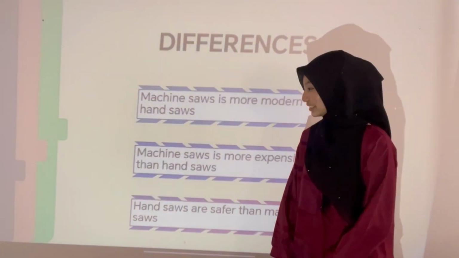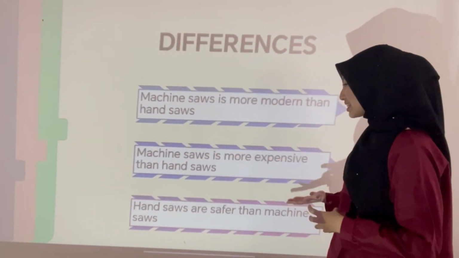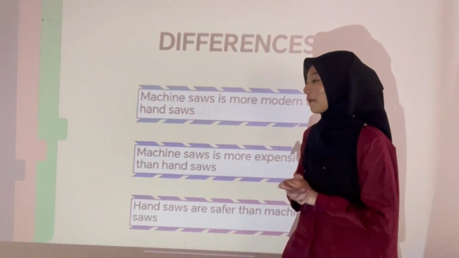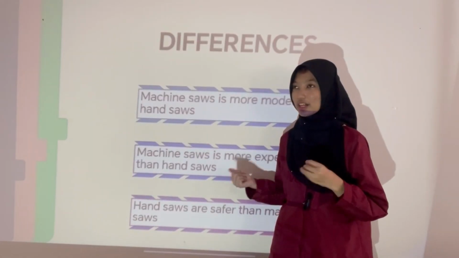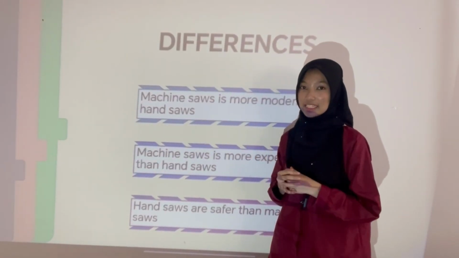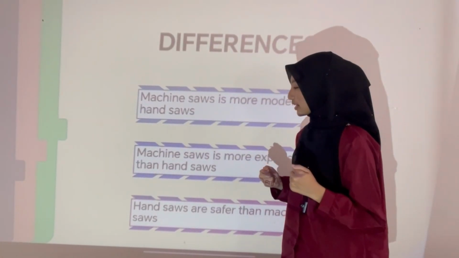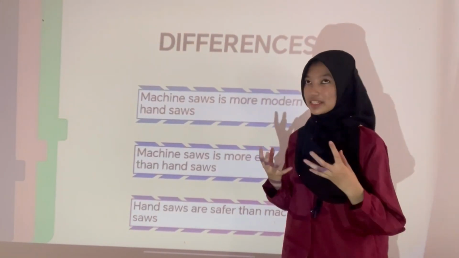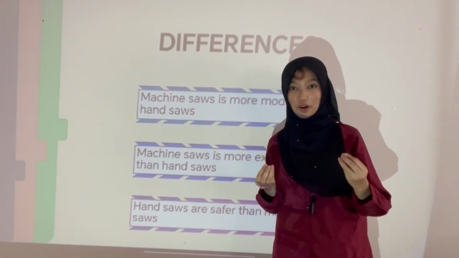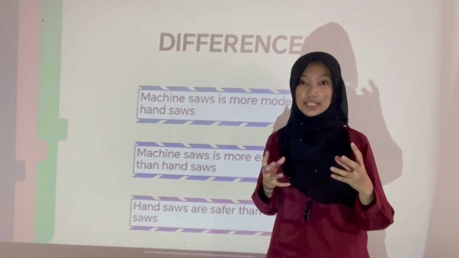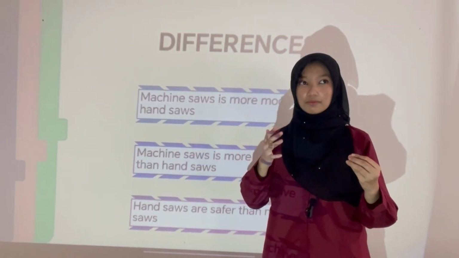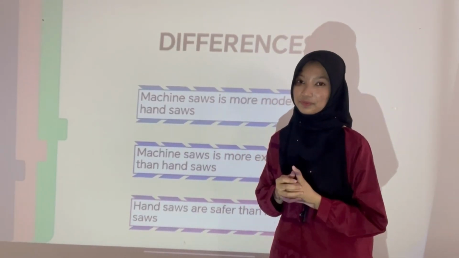In addition, the machine saw is more expensive than the hand saw because hand saws are cheaper and easier to buy. Why the machine saw? Because we need more cost, and it has many designs and is powerful.